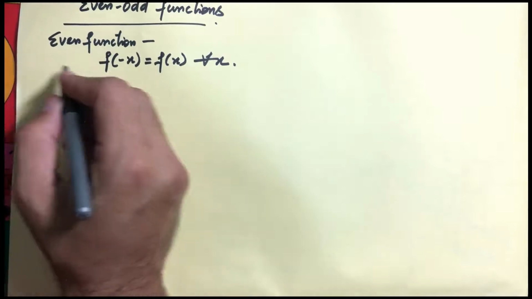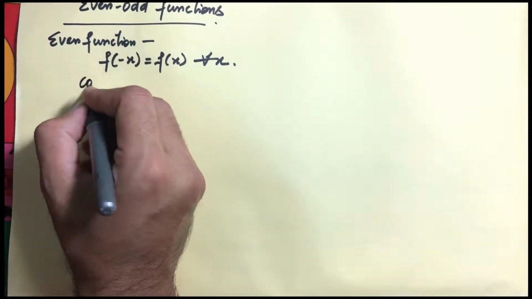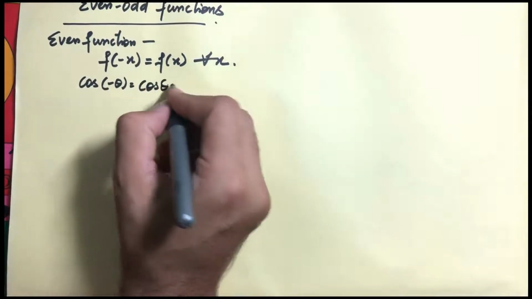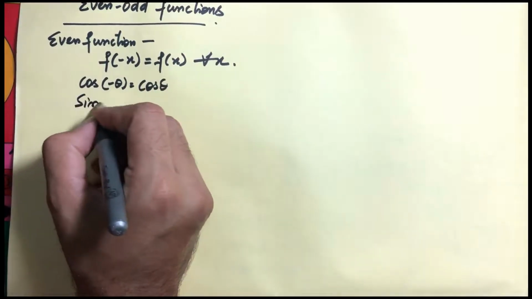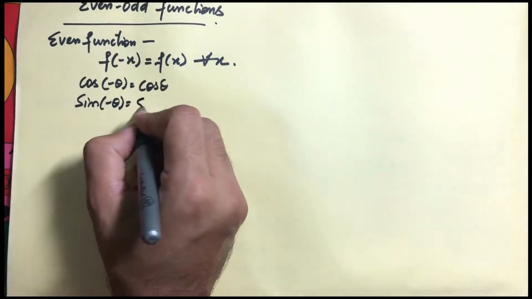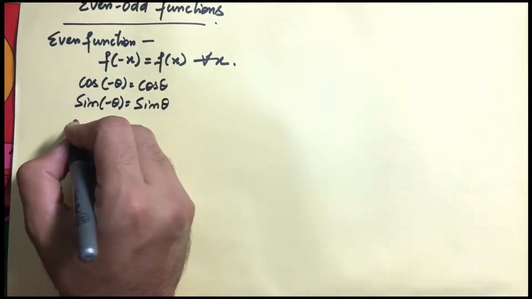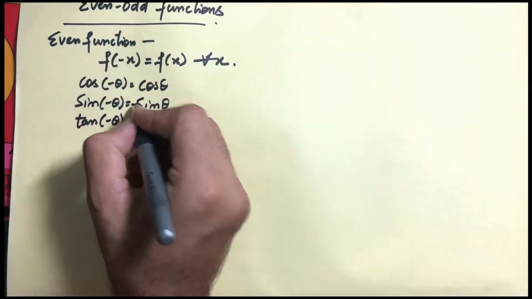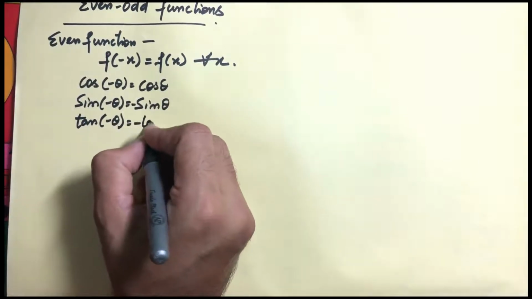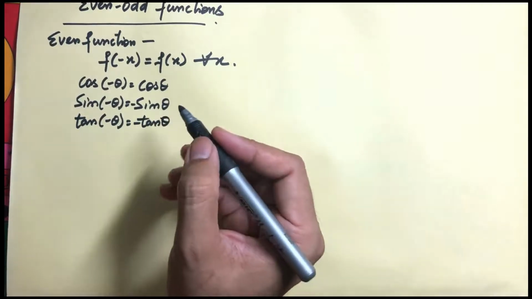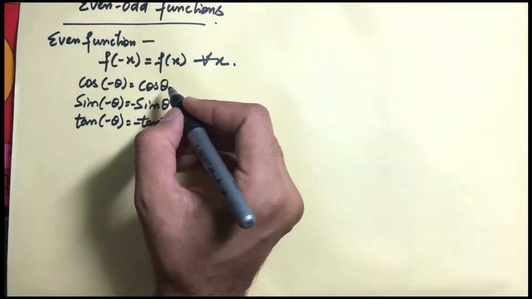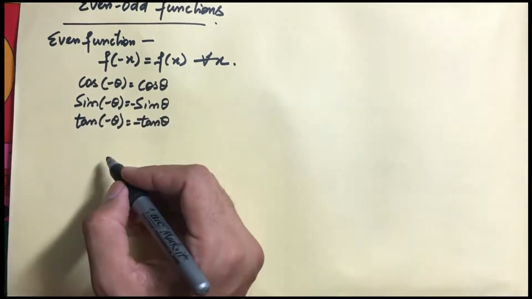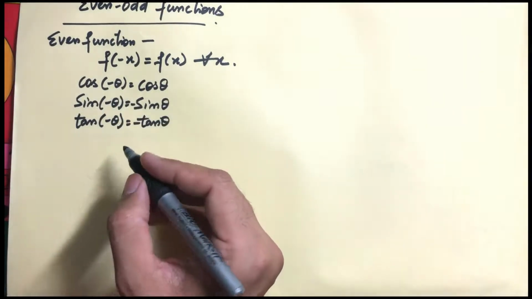Like here we have learned that cos of minus theta is cos theta, but sine of minus theta is minus sine theta, and tan of minus theta is minus tan theta. So here the even functions are cos and secant only, and all others are not even functions.